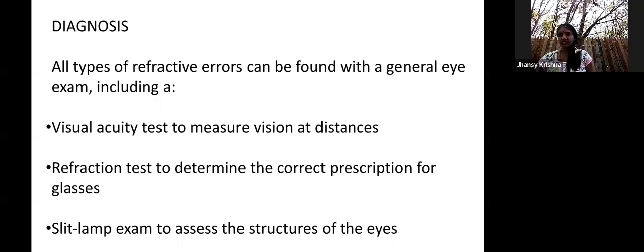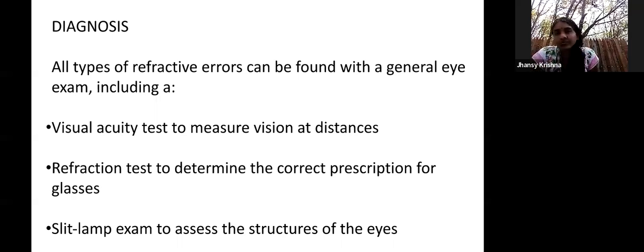Slit lamp examination gives an idea about different structures of the eye. After this, if there is any defect, glasses are prescribed.